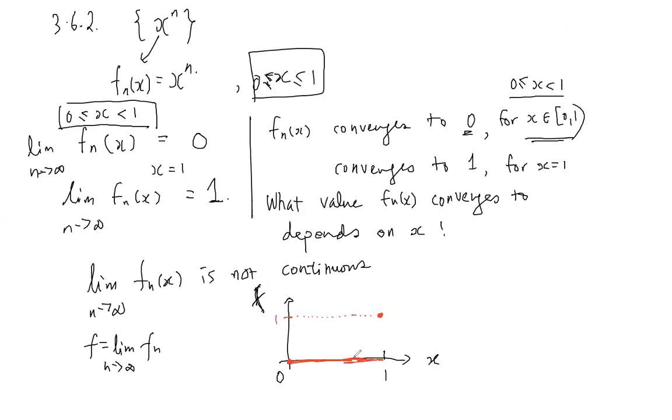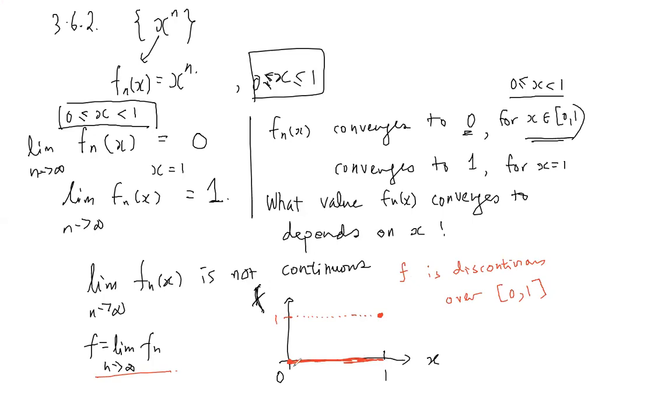So this function f, which is the limit, is discontinuous over the interval 0, 1. Because at 1, it actually jumps up.